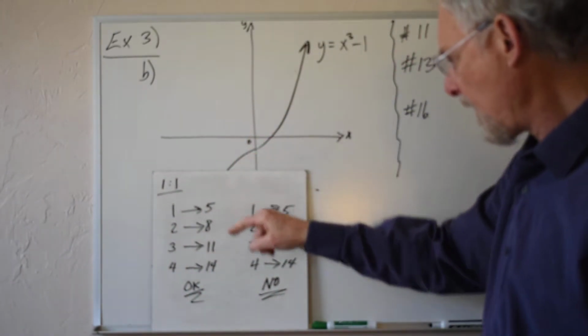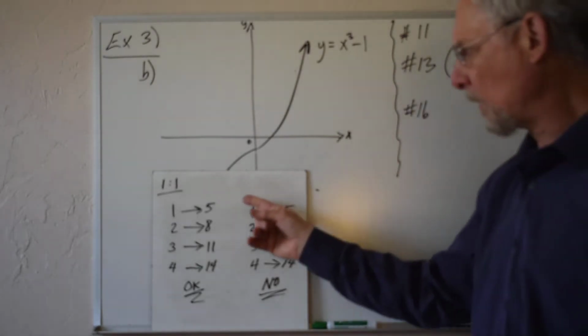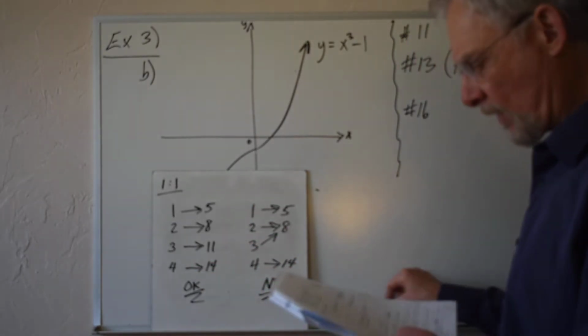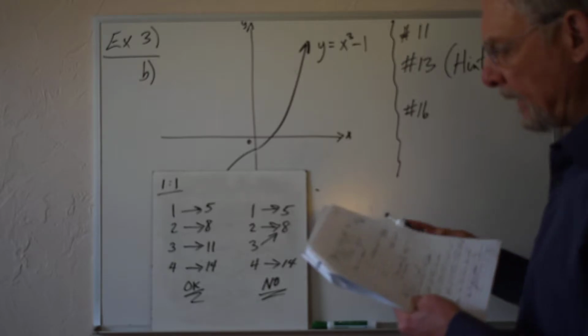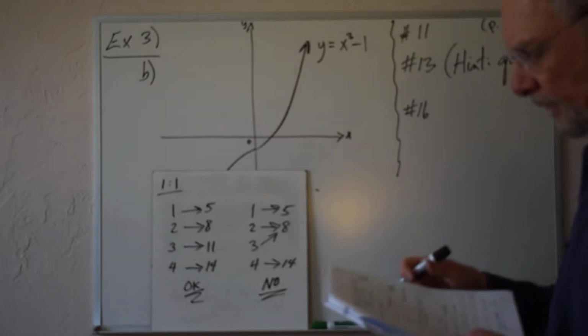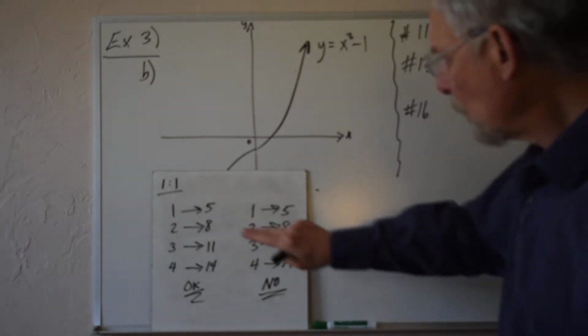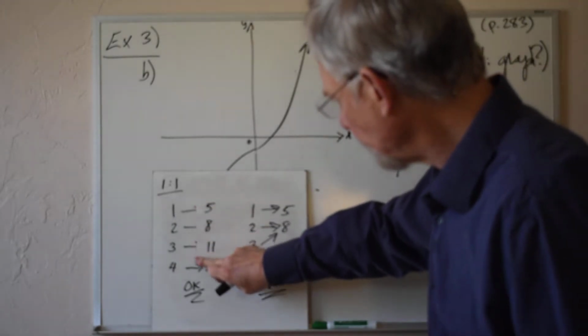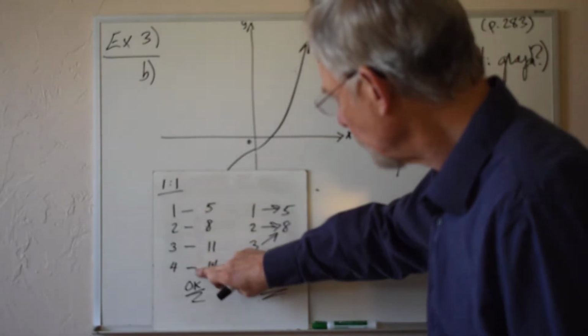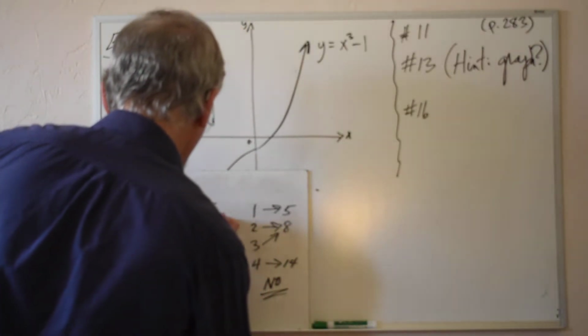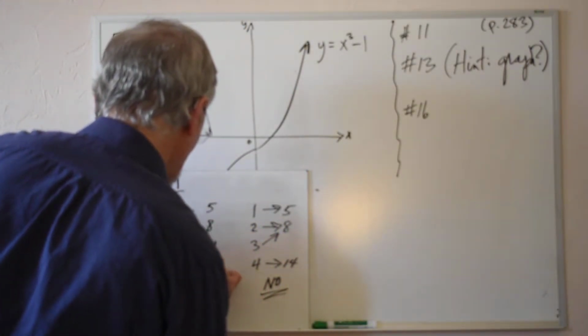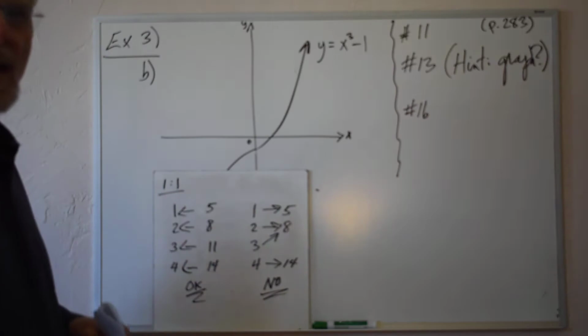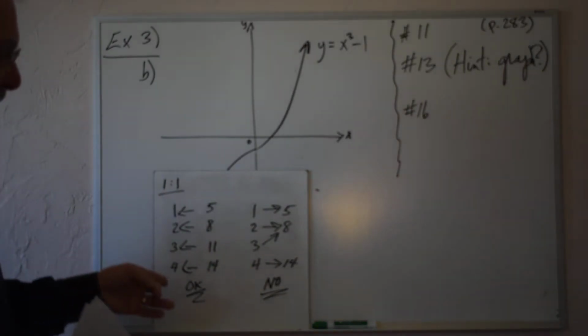Now, recall this diagram from a little bit earlier where we were introducing the idea of a 1-to-1 function. Notice that if you reversed all these arrows, what do you have? Another function.